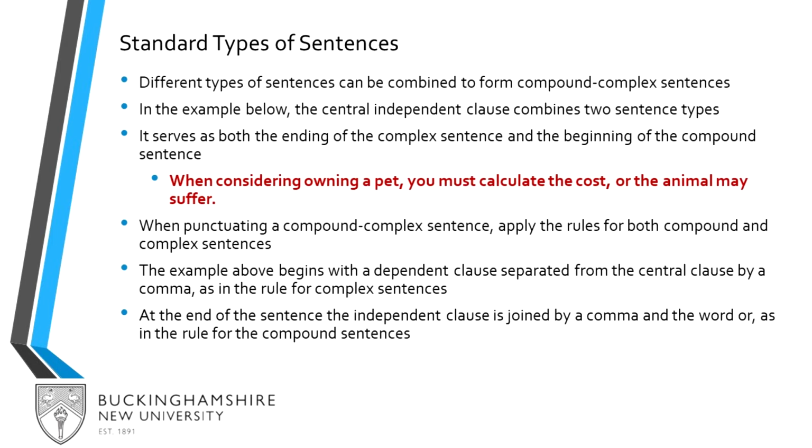Okay, we've got to begin with the dependent clause, because if we start with the independent clause and then go on to have two dependent clauses, that's going to be a long sentence and may not flow as well. All right, so the best format is to start with a dependent clause and then have your independent clause in the center. Okay, and then you can end with extra information in the form of a dependent clause.